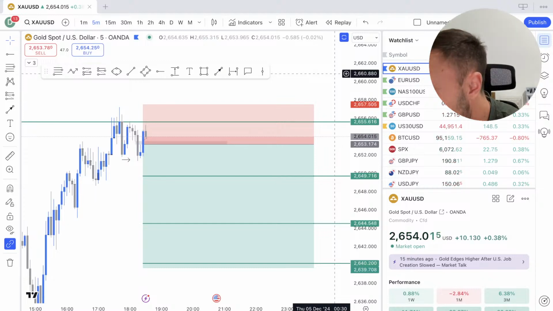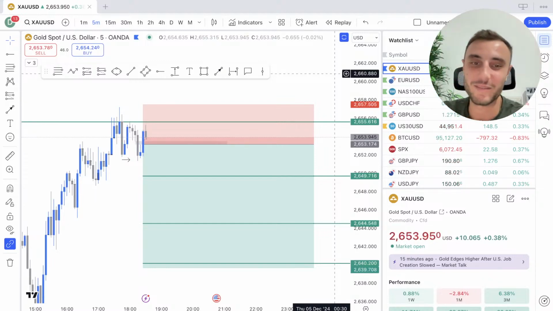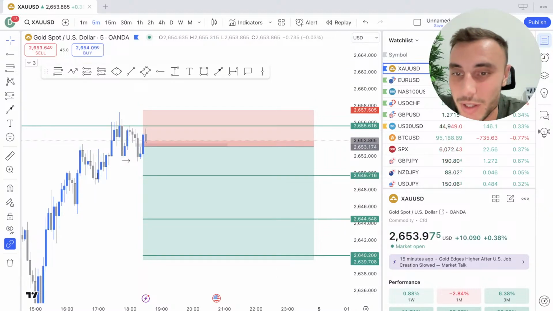Come on, gold, reverse. Would be good to see it reverse.